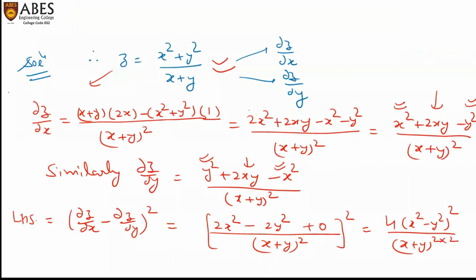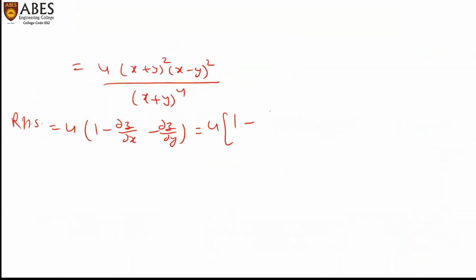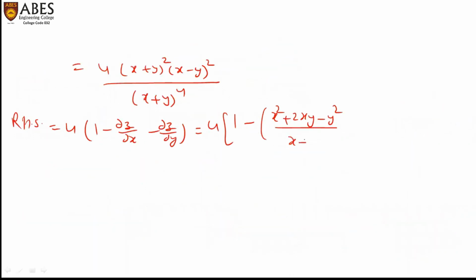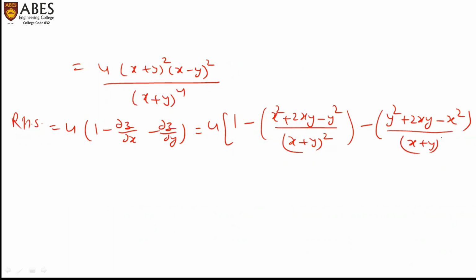It is x square plus 2xy minus y square upon x plus y whole square. And similarly we have del z upon del y. It is y square plus 2xy minus x square upon x plus y whole square.